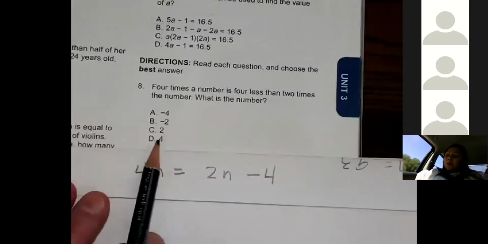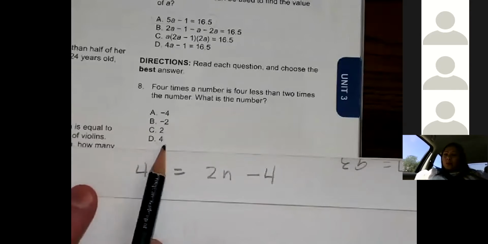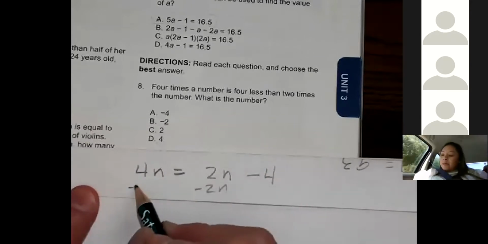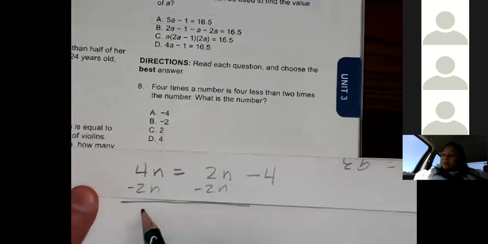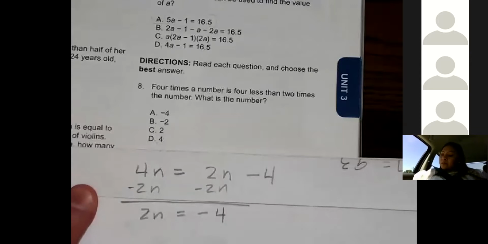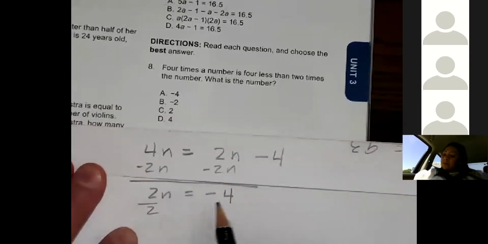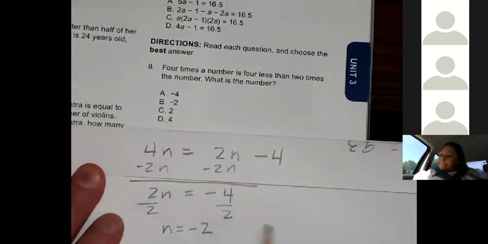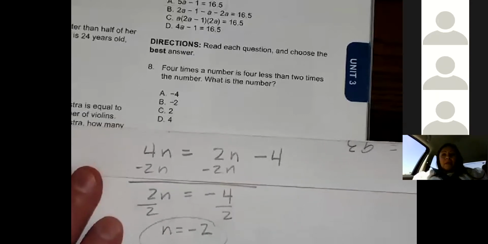Okay, and this time it doesn't want the equation, it just wants an answer. Subtract 2 n's from both sides. 2 n's equals -4. 2 n equals -2. Let's check it and see if it's really true.